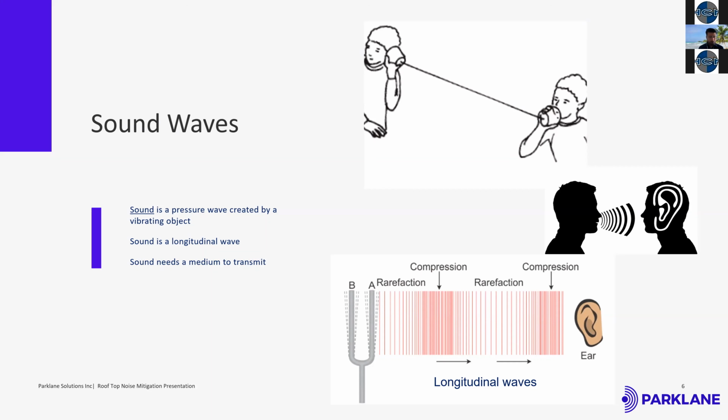You have a tuning fork. When it vibrates, it vibrates the air around it, and the air transmits the sound, which is in a sense a pressure wave, and it is heard by a receiver. A classic example, I'm sure most of you would have experienced this, is two persons talking over a piece of string and a cup.